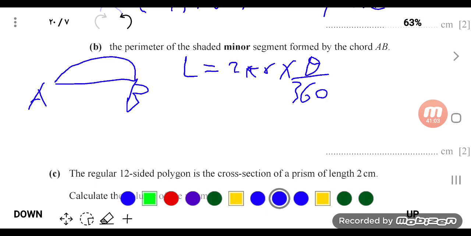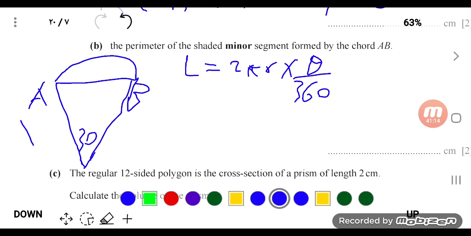The angle theta means the angle at the center, which is here, which is 30 in our situation. And we know that the radius is 11.6. Now you can plug the information in the equation.